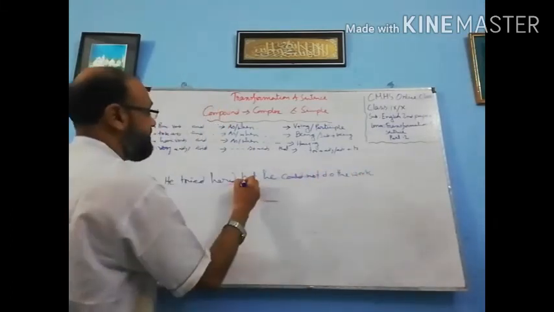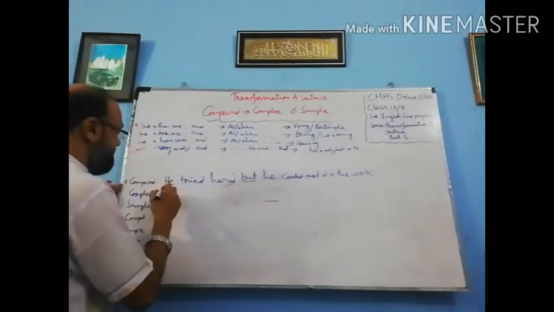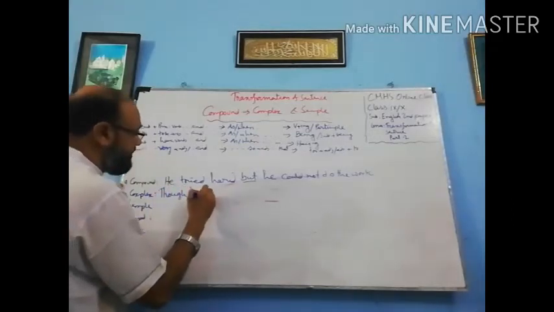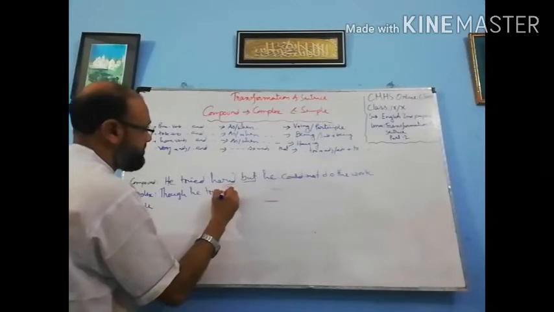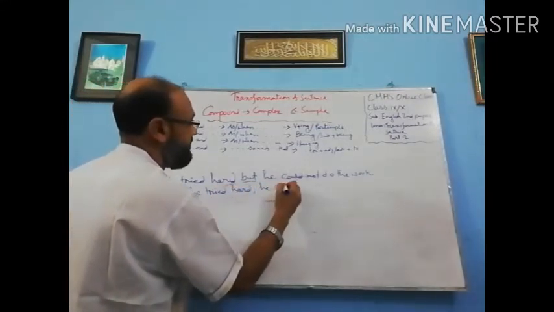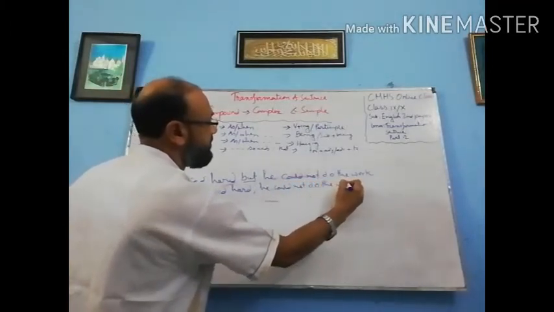He tried hard but he could not do the work. And the complex one is: Though he tried hard, he could not do the work.